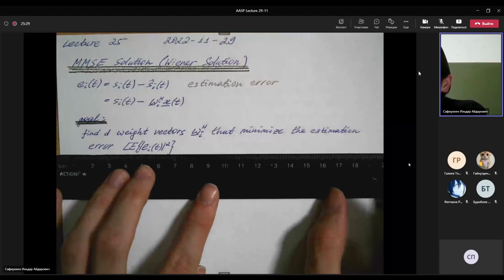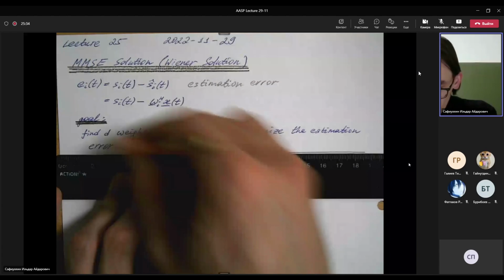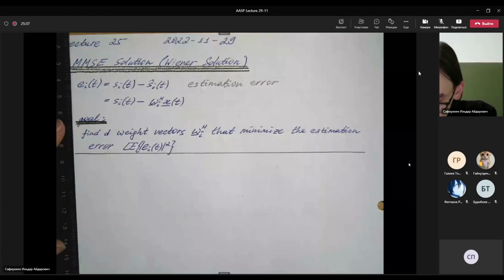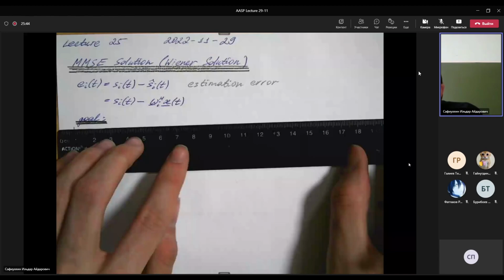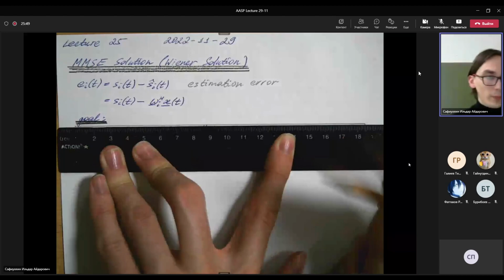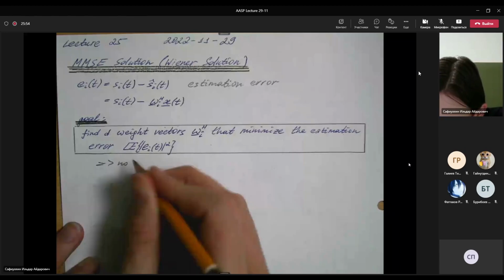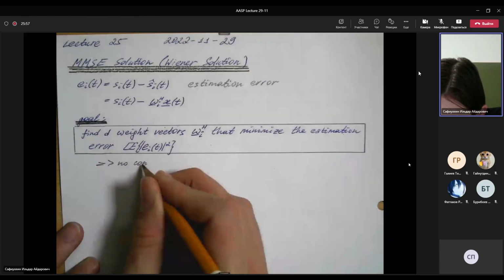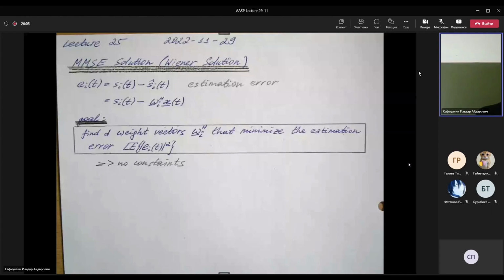Let's put our goal into a box, and then I will add that here we do not have any constraints. So no constraints if we compare it with MVDR solution.